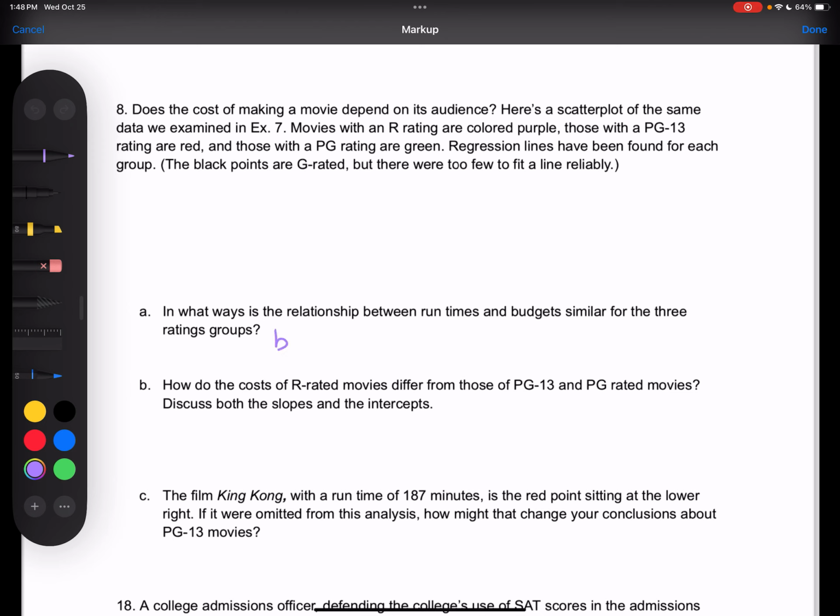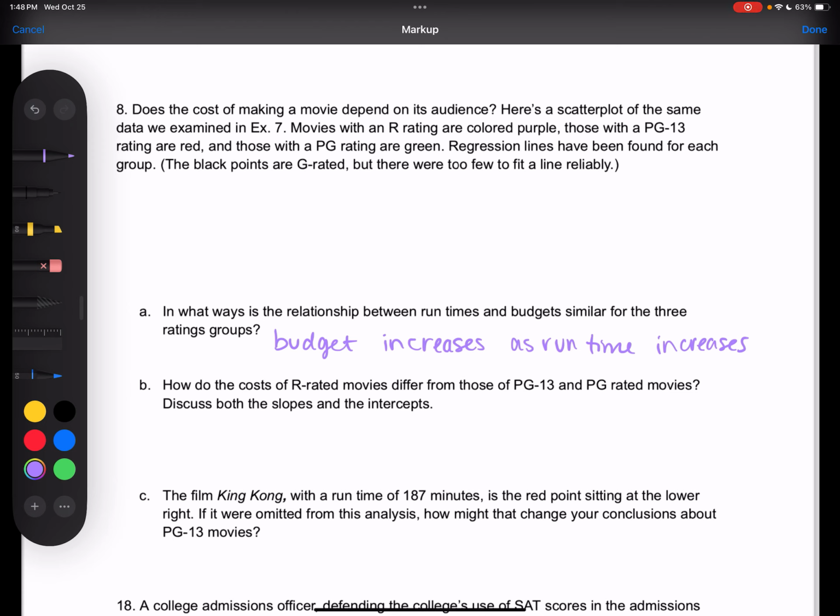In fancier terms, budget increases as the runtime increases. Because what's being changed is the runtime, and the budget is getting higher as a result of that. I mean, that makes sense.